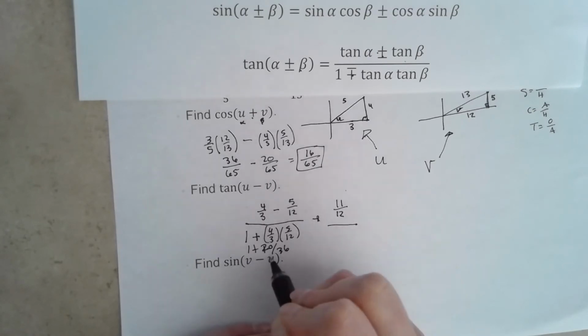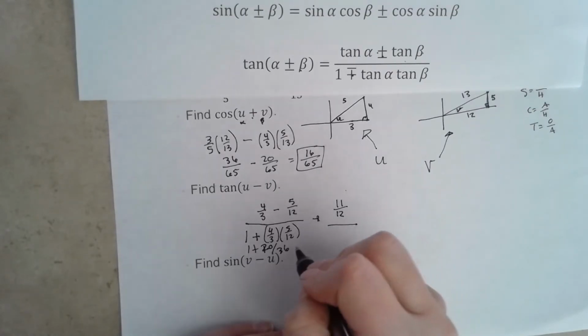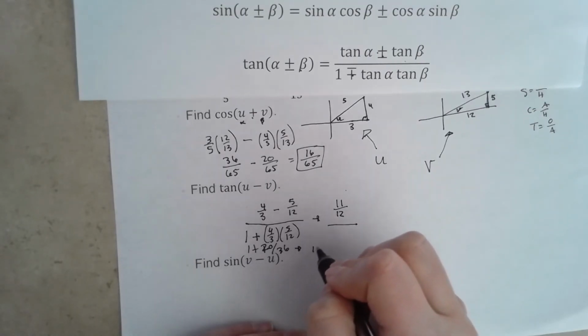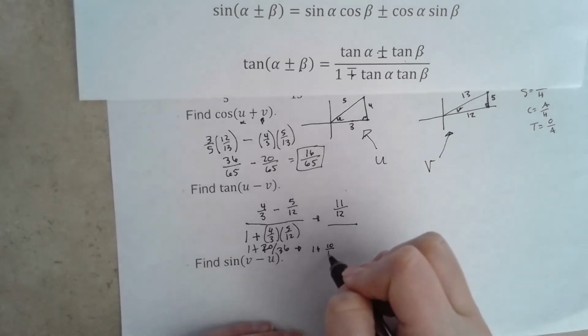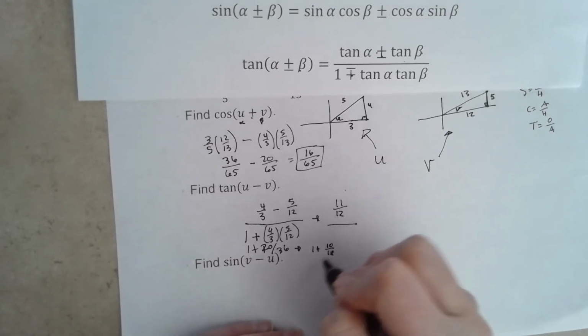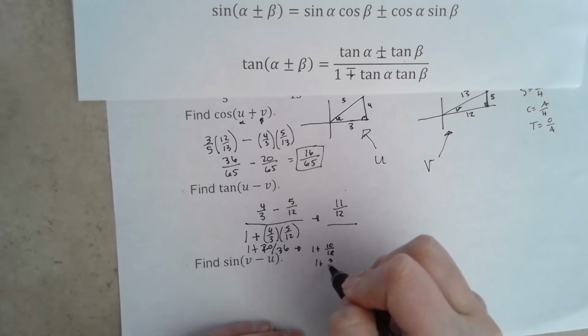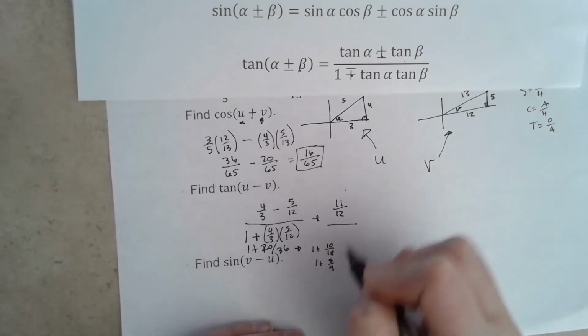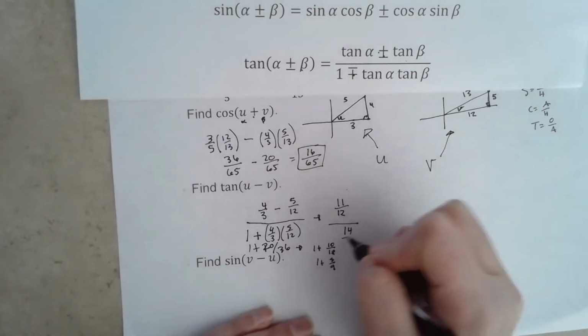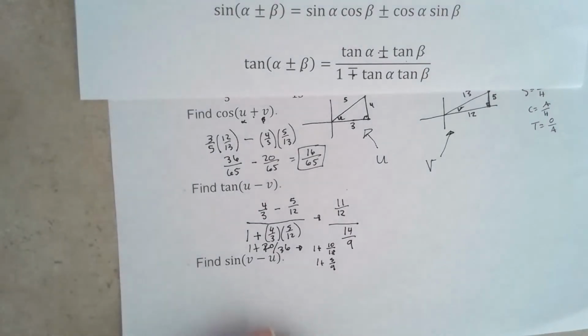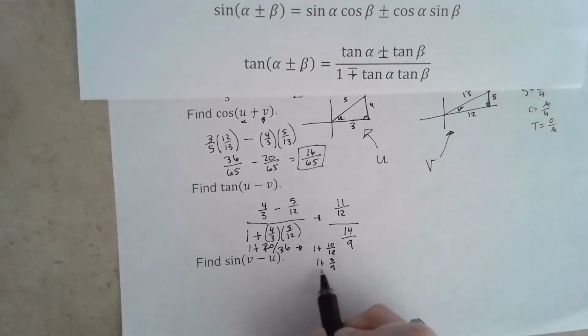Let's see. So that's what? 1 plus 10/18. 1 plus 5/9. So that would be 14/9. Okay, because that would be 9/9 plus 5/9, so 14/9. However you want to deal with this.